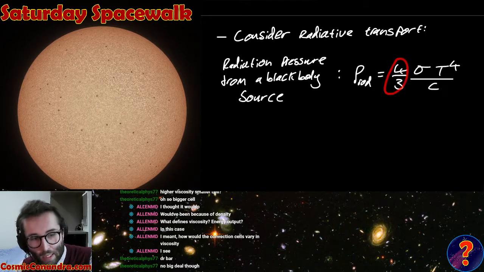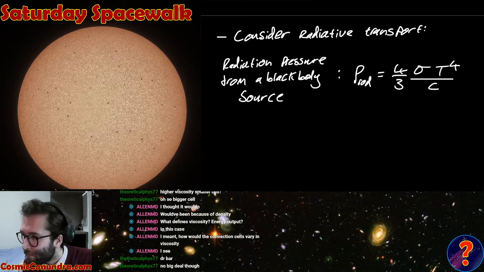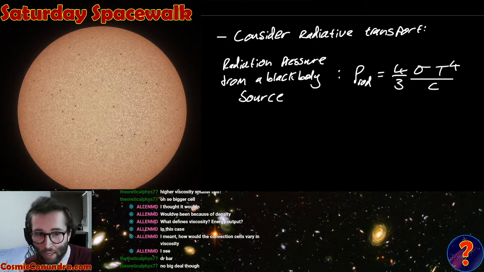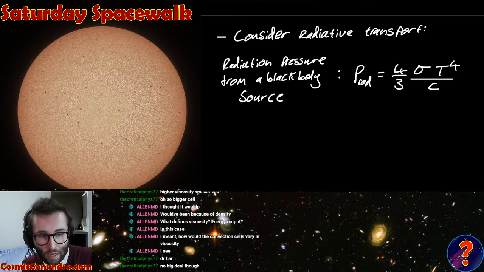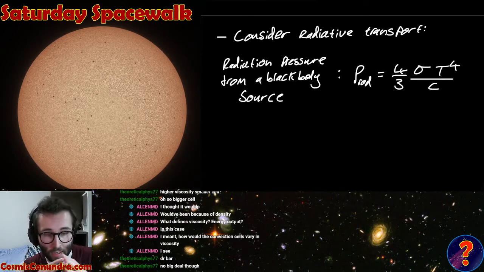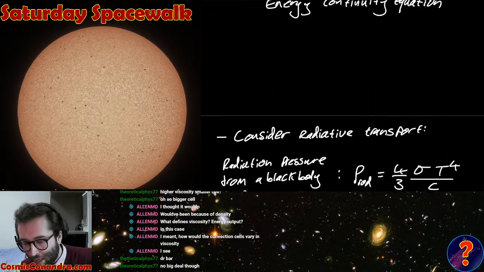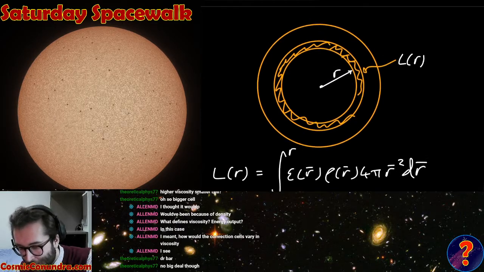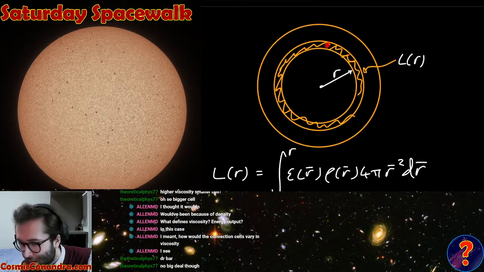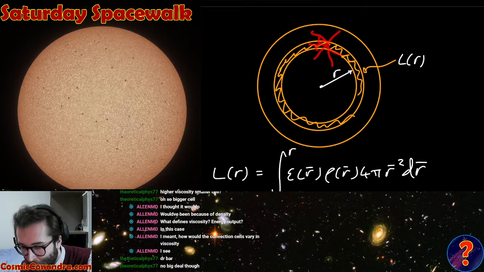So let's explain some of these bits here. The 4/3 here, this is a sort of geometric factor that comes from the fact we're considering a spherically symmetric radiation field, or we're considering the normal component that is providing outward pressure of this radiation field. Because if you think about the star here, every single part of the star is radiating isotropically as a black body.